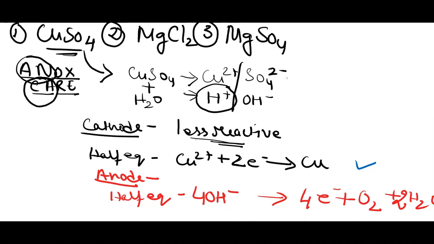So the product that will be formed will be copper plus 2 electrons plus 4OH minus will give you copper plus oxygen, that is a gas, plus 2H2O with 4 electrons. You can just cancel out the ions on both ends and balance the equation.